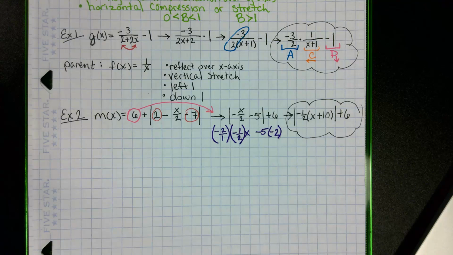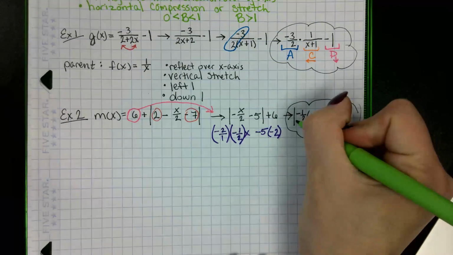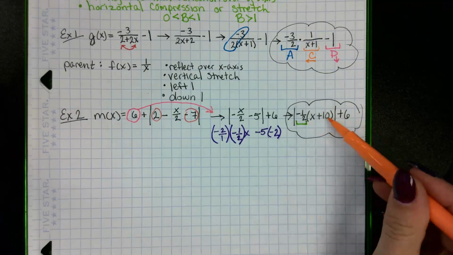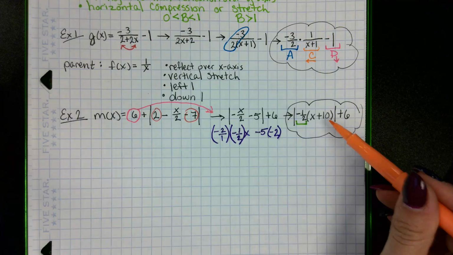This time I do not have an A because I'm starting with the absolute value bars. That's the operation. So then inside of that, I do have a B value, the negative 1/2, because it's what's in front of the x. And then I also have a C, since it's x plus 10, that's x minus negative 10.